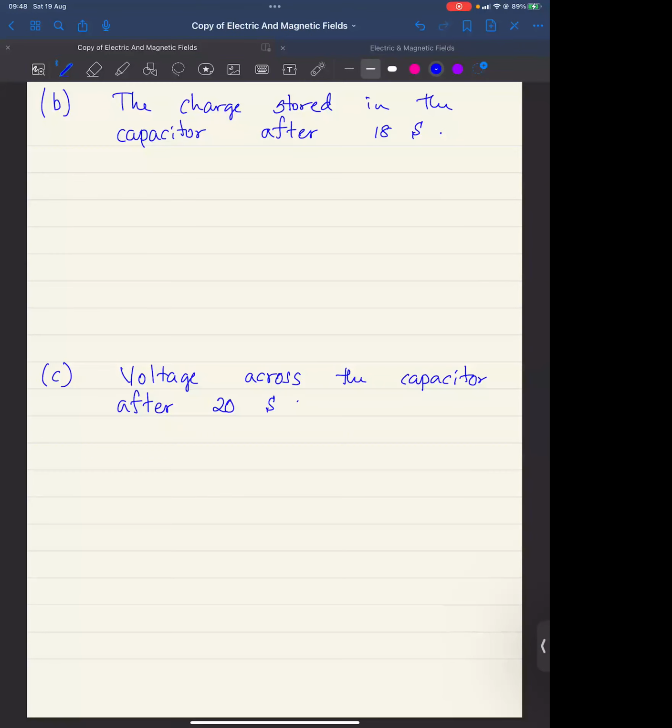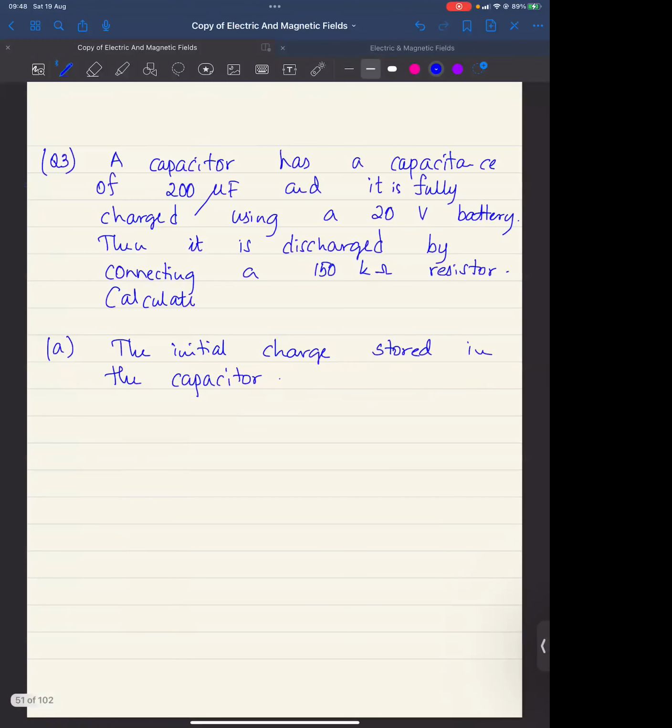Okay, enough? I'll do it. Hope you're done. The capacitor has a capacitance of 200 microfarads and it's fully charged with a 20-volt battery. Then it is connected to a 150 kilo ohm resistor and it will be discharged. Part A, the initial charge stored in the capacitor, Q equals CV.